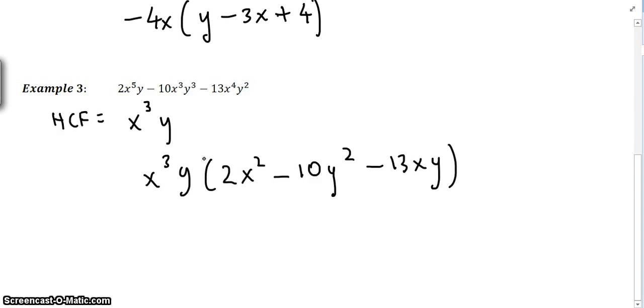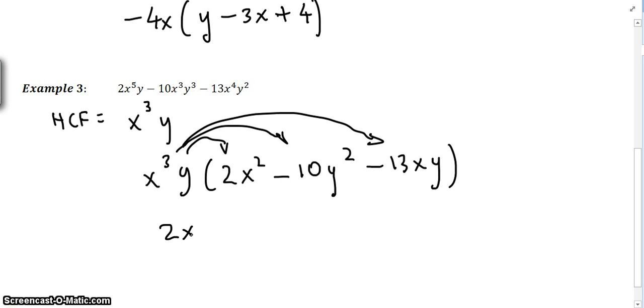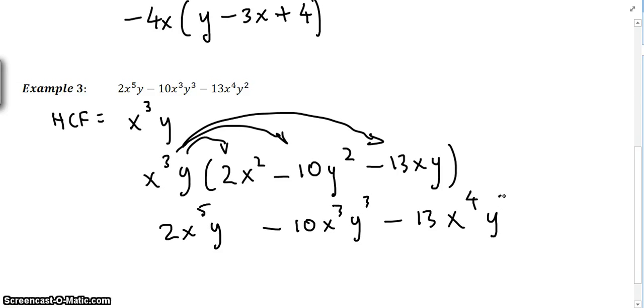So you can see here that when you expand this again, you should indeed get the same expression as the question. So this will become 2x to the power of 5 y minus 10x cubed y to the power of 3 and minus 13x to the power of 4 y to the power of 2.